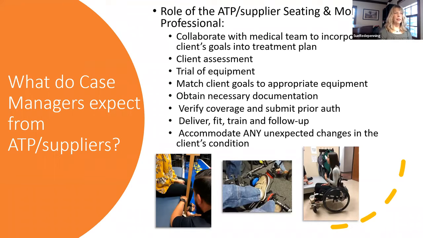So we can help occupational therapists and physical therapists in our area who are seeing people in the clinic either understand the technology a little better, or they'll do the assessments in the clinic and start with the ATP from the vendor.